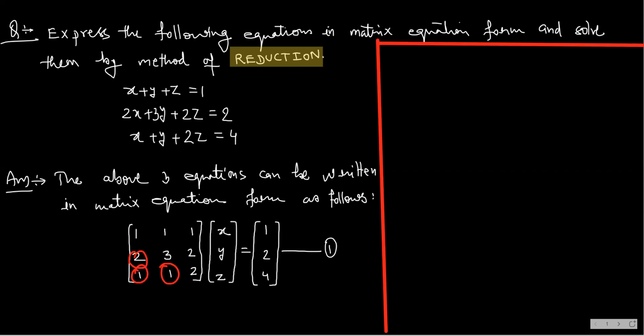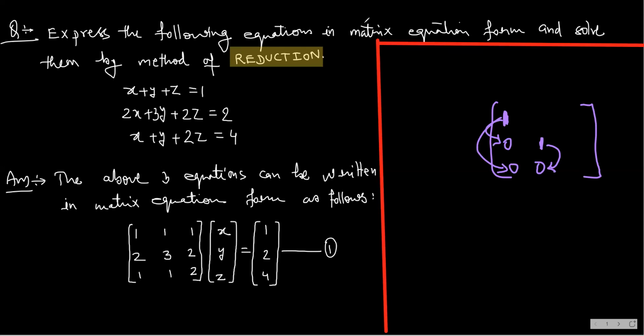The idea is very simple. We have done such row transformations many times. I will get one here, and then using this one, I will get 0 and 0. Then I will get one here, and using this one, I will get 0.